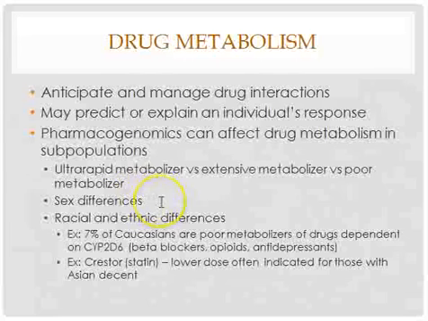Certain CYP activity is higher in women, and depending on exactly which CYP you're talking about, other ones are higher in men. So there can be sex differences for how different medications are metabolized, and then racial and ethnic differences as well. So for example, 7% of Caucasians are poor metabolizers of drugs dependent on the specific CYP, so CYP2D6.